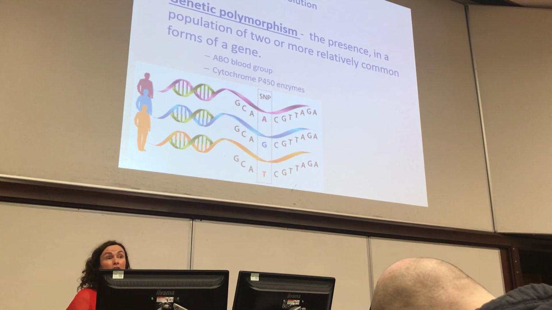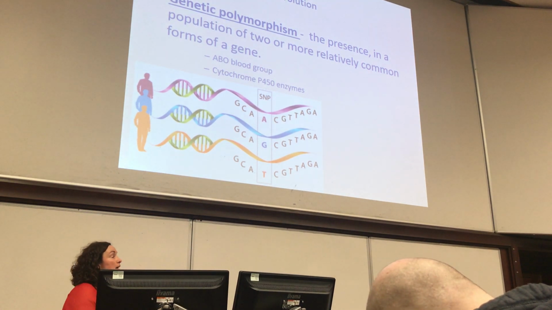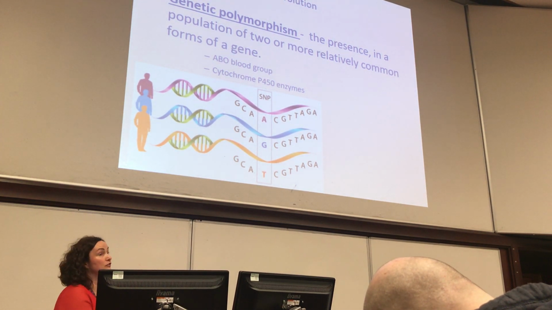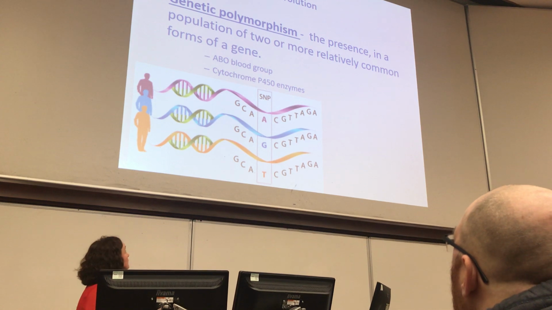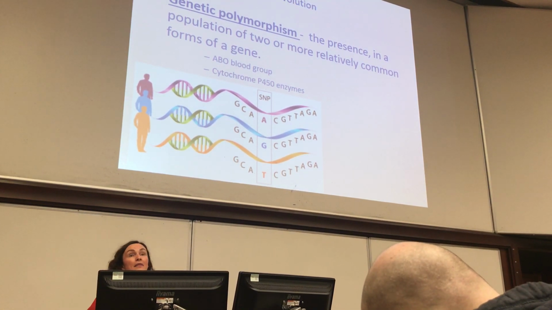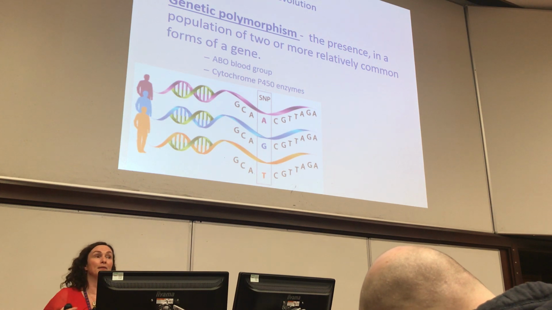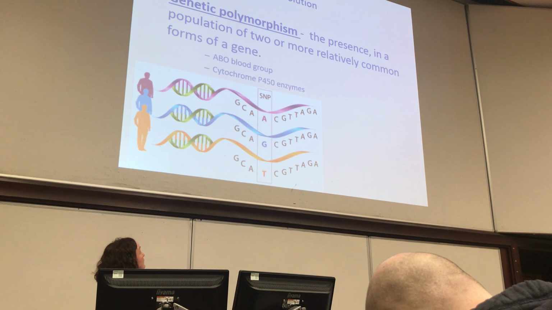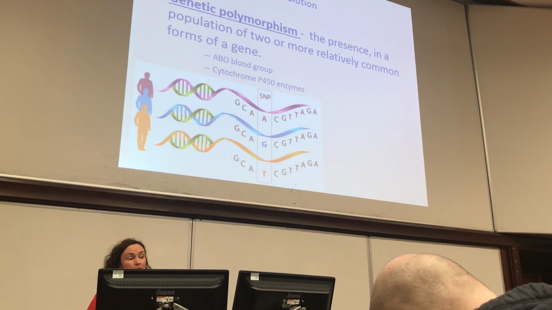Variations can occur in these genes. And even though the enzyme might still look structurally the same and function relatively the same, these slight alterations mean that individuals may metabolize drugs differently. Okay, so that's where polymorphisms come in.